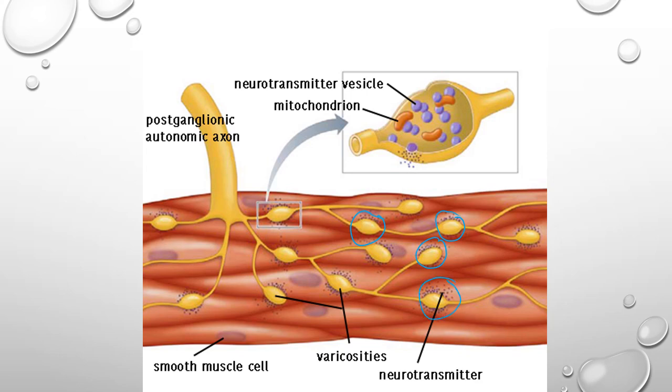And that swelling allows for the neurotransmitter to be released directly onto the cells, effectively creating a neuromuscular junction for the smooth muscle similar to that of a skeletal muscle. And so each individual cell here, in a multi-unit, is going to allow for that contraction of the muscle to occur with that release of neurotransmitter from those points at that time.